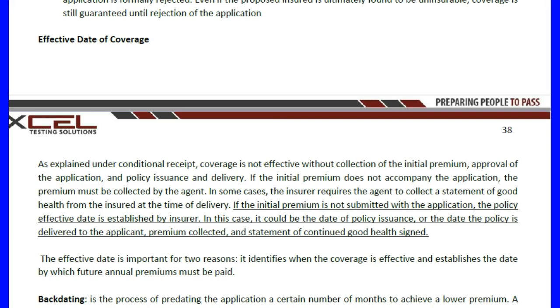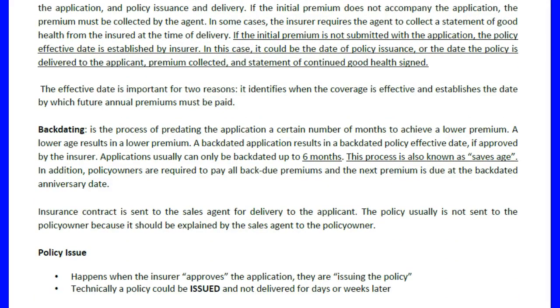In some cases, the insurer requires the agent to collect a statement of good health from the insured at the time of delivery. If the initial premium is not submitted with the application, the policy effective date is established by the insurer. In this case, it could be the date of the policy issuance, or the date the policy is delivered to the applicant, premium collected, and a statement of good health signed.